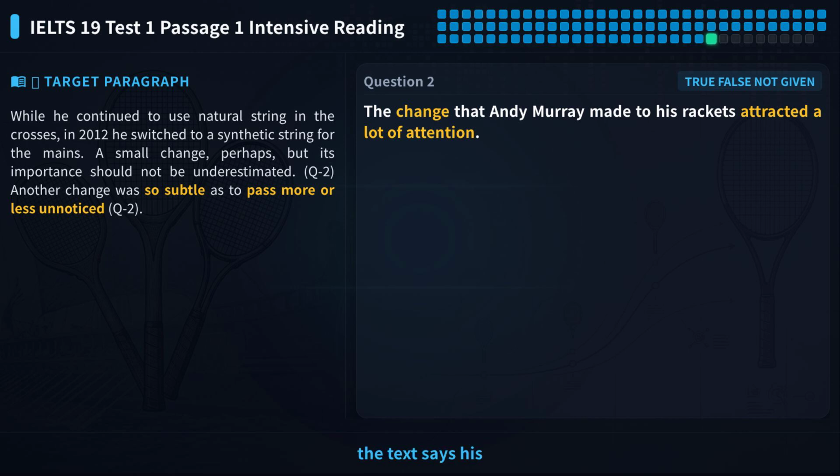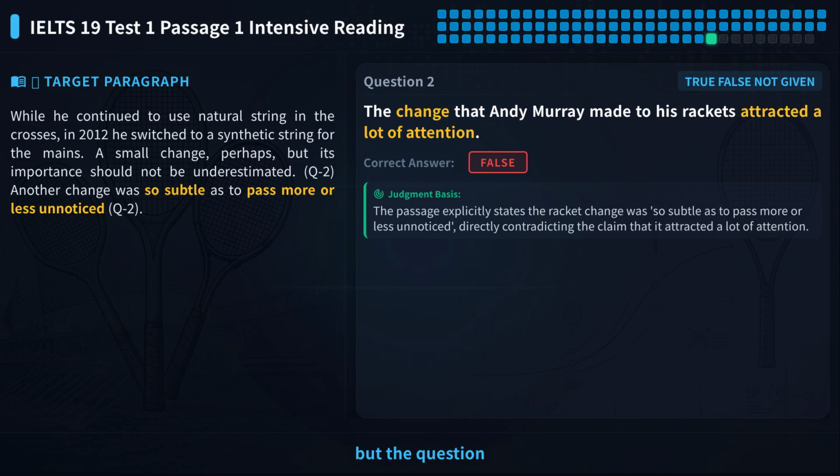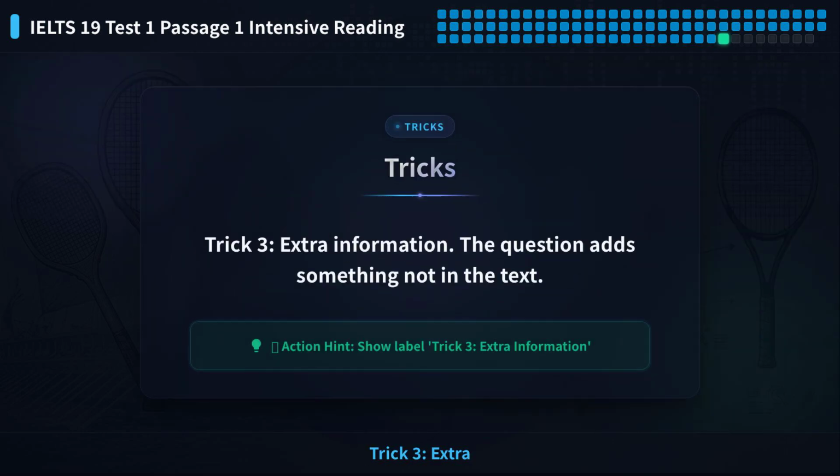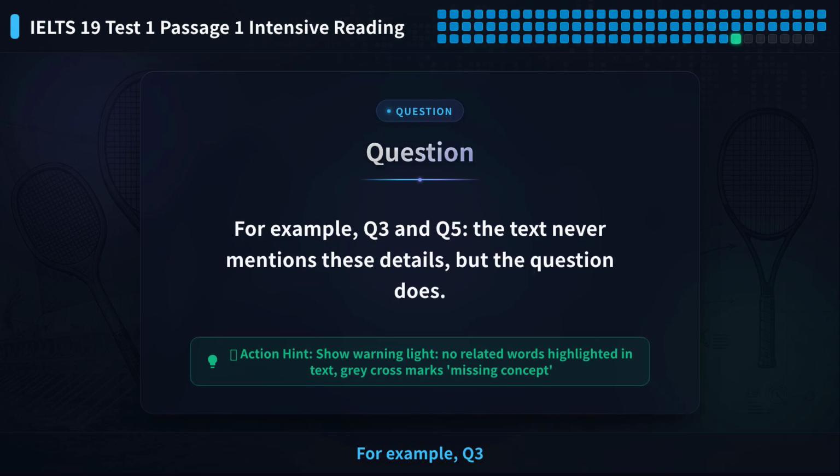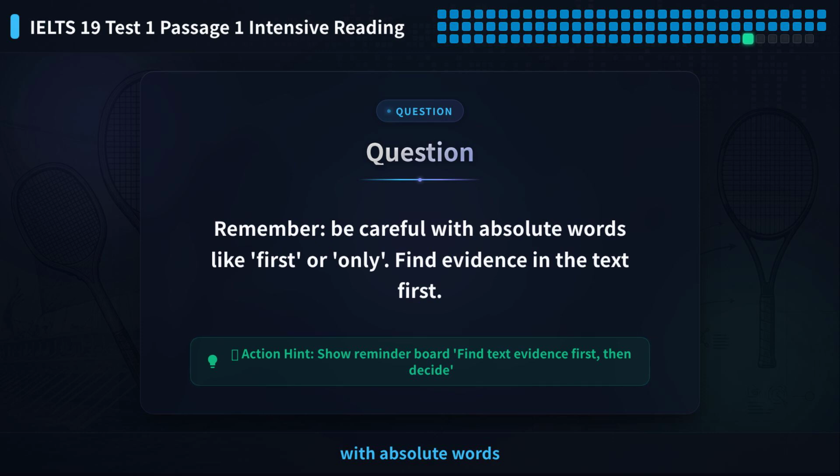For example, Q2, the text says his serving power came from lead weights, but the question says from training. Trick 3, extra information. The question adds something not in the text. For example, Q3 and Q5, the text never mentions these details, but the question does. Remember, be careful with absolute words like first or only. Find evidence in the text first.